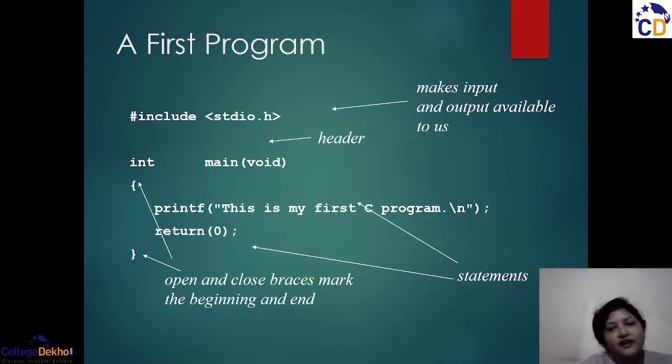Again, at the end of the line, there should be a semicolon. Then if the function is returning something, like it is written int main, you have to write return 0. Zero means the function is returning some value, that is 0. And at the end of the function, if you have opened the braces, you have the closing braces also, right?